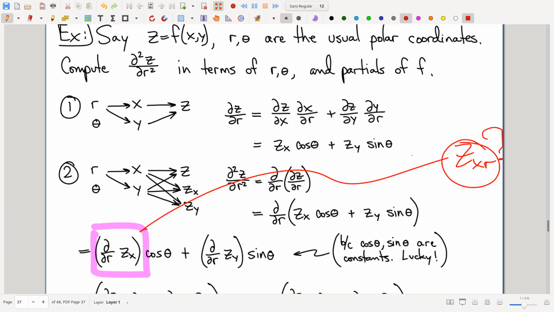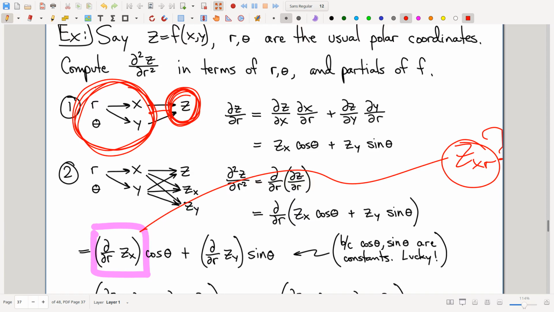Can't I just view this as zxr? What's wrong with that? What's wrong with that is this assumes something unreasonable about what z is a function of. This makes it look like z is a function of a collection of variables including both x and r. In other words, that z is a function of these four variables.